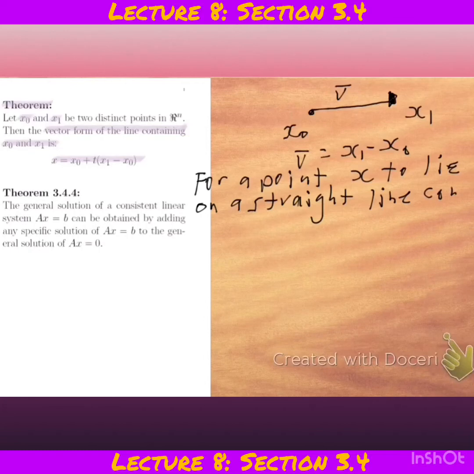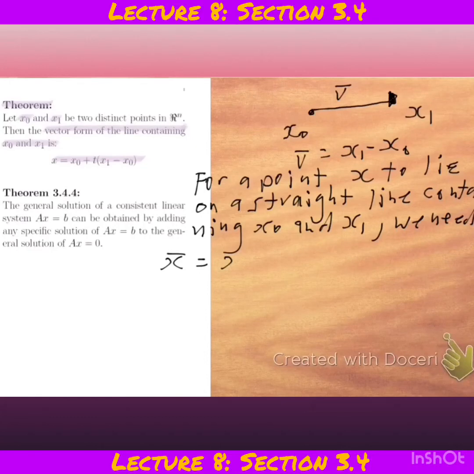And this straight line containing both x0 and x1, what do we need? We need this point to satisfy this vector equation.